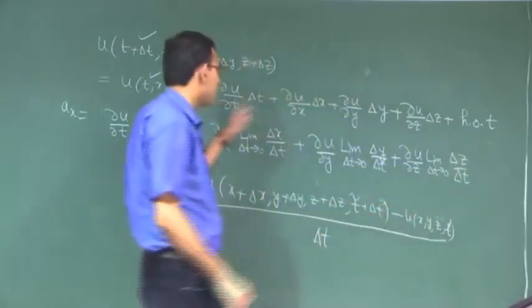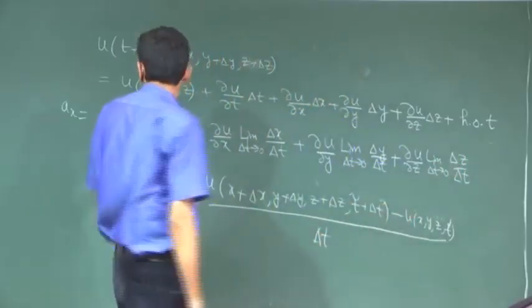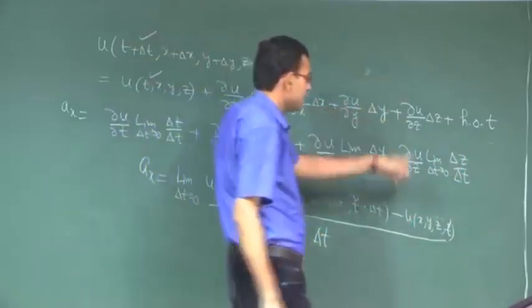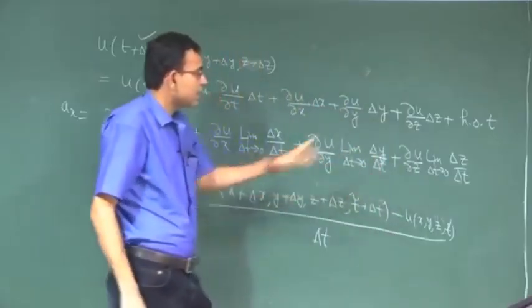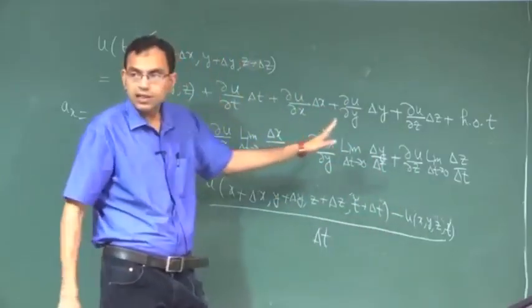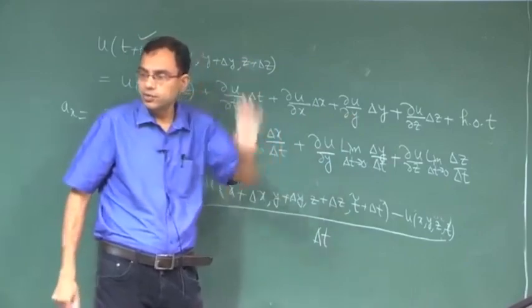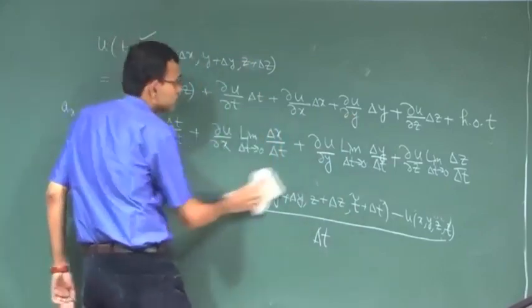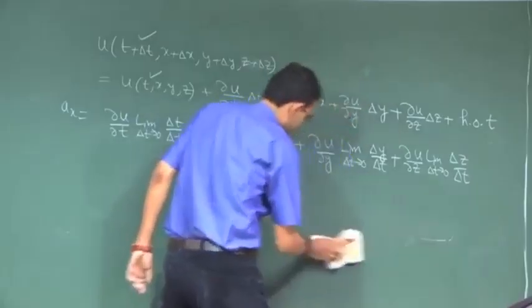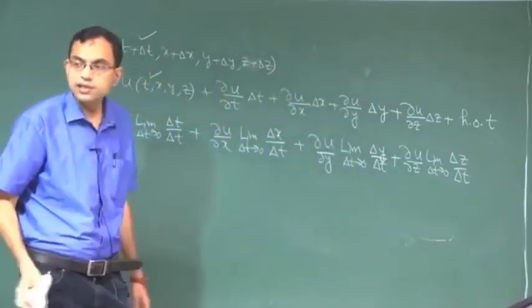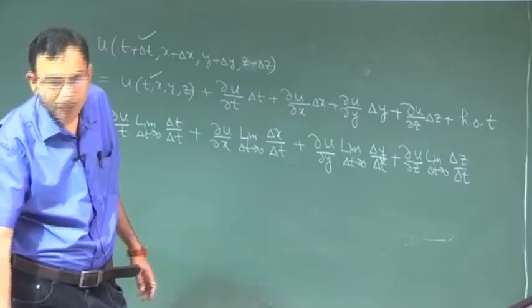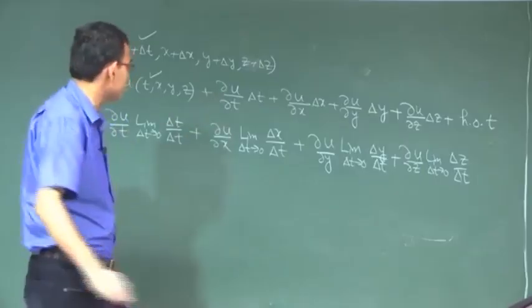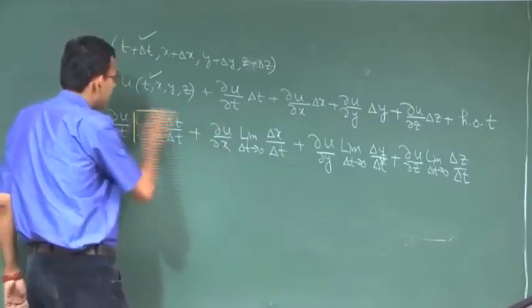For the higher order terms, if you divide by delta t and take the limit as delta t tends to 0, all the higher order terms will vanish. So, now the conceptual understanding comes. So far this is just Taylor series expansion.